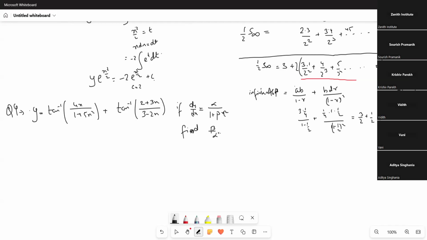Y is tan inverse of 4x by 1 plus 5x square plus tan inverse of 2 plus 3x by 3 minus 2x. If dy by dx is alpha by 1 plus beta x square, find beta by alpha.